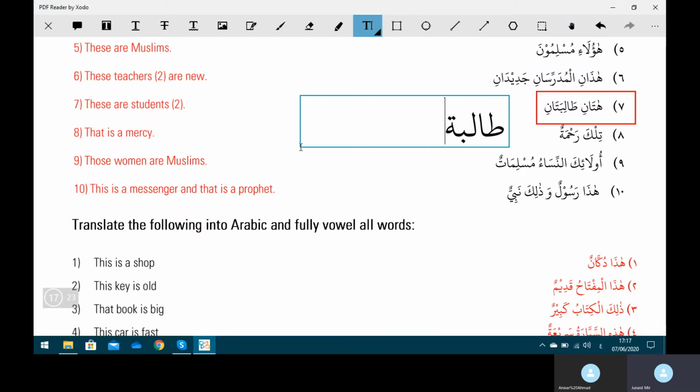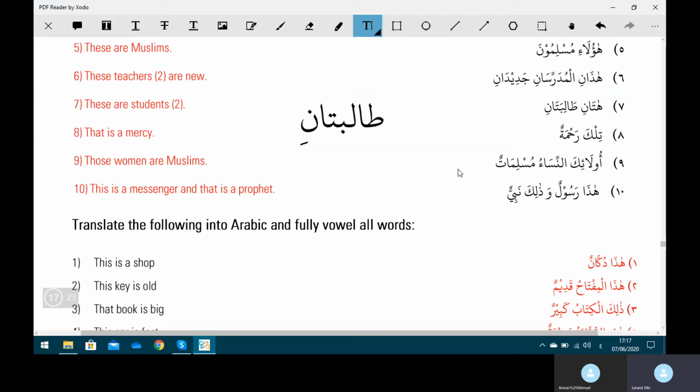And talibatun is the feminine of talibun. Talibun, tulabun. You should know this in your vocab. It means student. So talibatun means a female student. And talibatani means two female students, making it dual. So these are students. And in your head, you should imagine two female students.